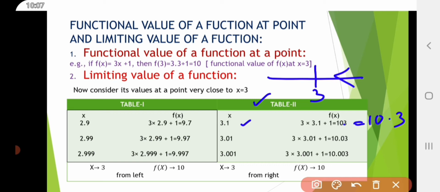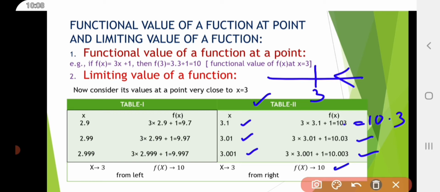If x is 3.01, then f of x is 10.03. And when x equals 3.001, f of x equals 10.003, which is very close to the functional value of the function, that is 10.